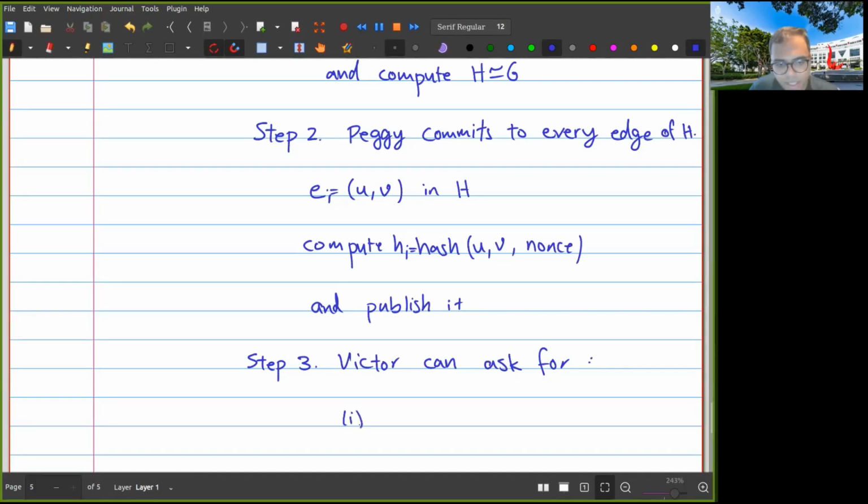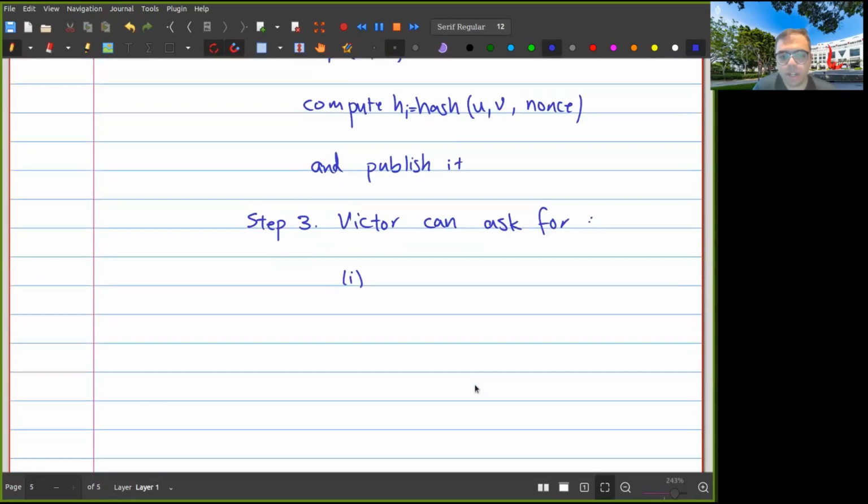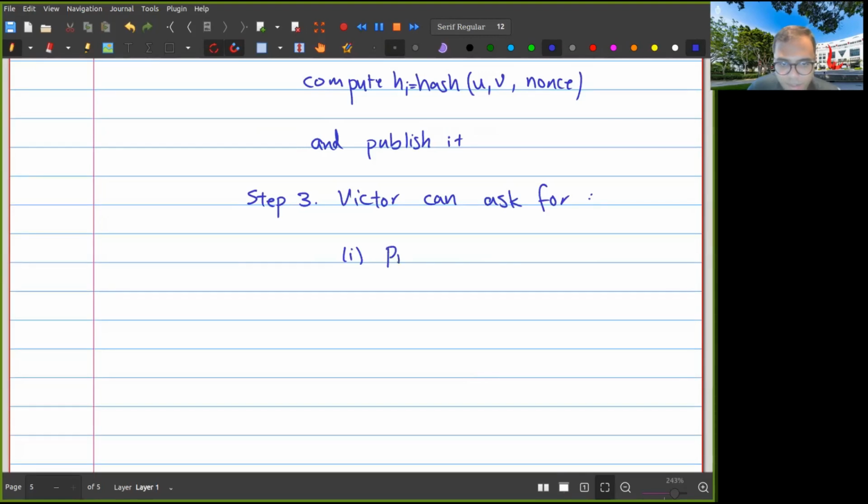The first thing he can ask for is to prove the isomorphism. And the second thing he can ask for is a Hamiltonian cycle in H.